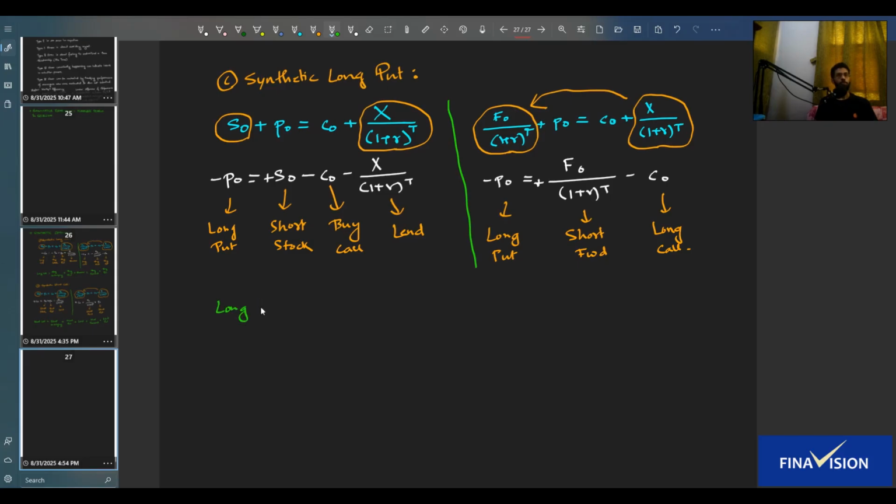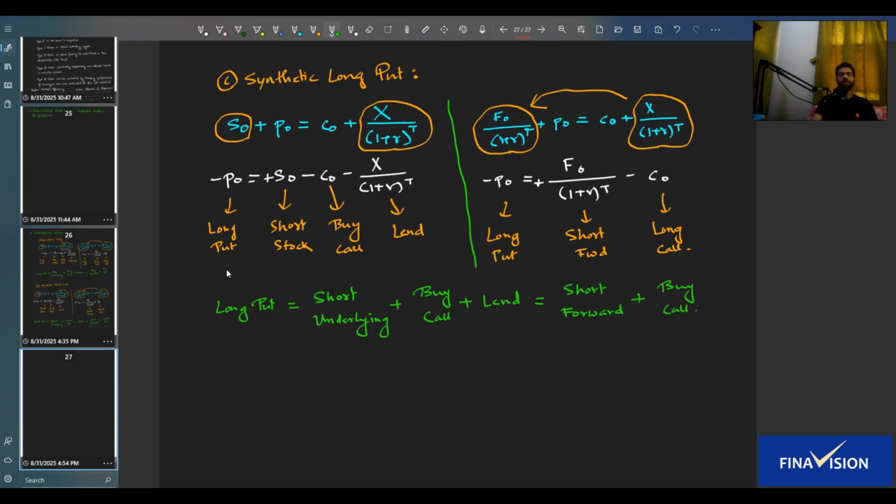Long put is equal to short the underlying plus long the call or buy the call plus lend, which is again equal to short the forward contract plus buy the call or long the call, right?